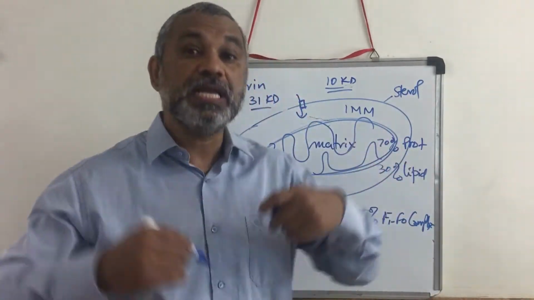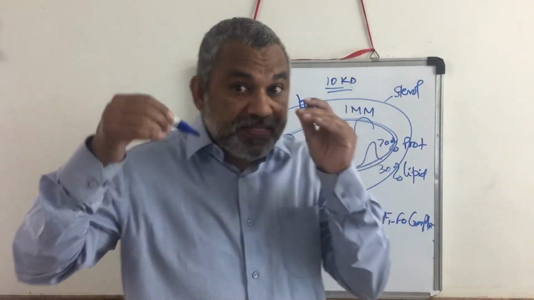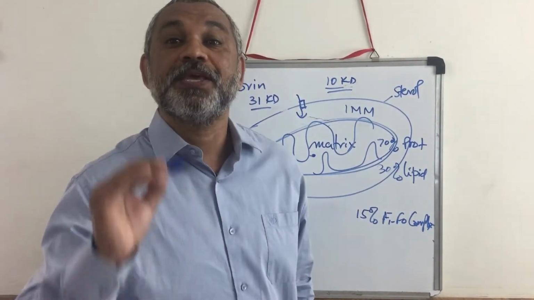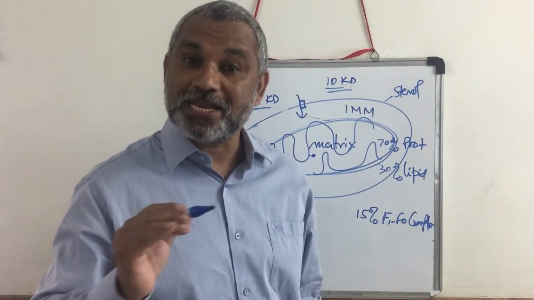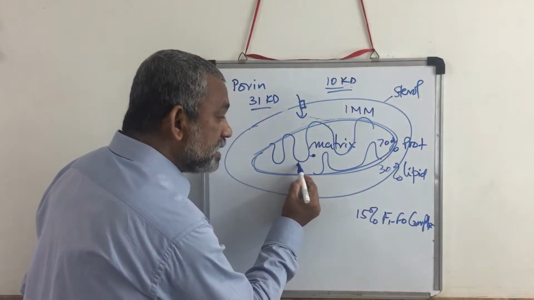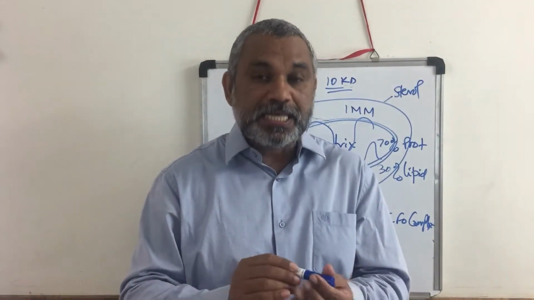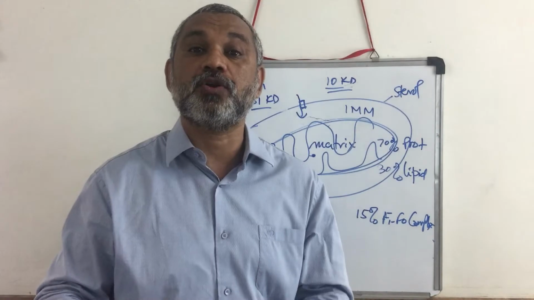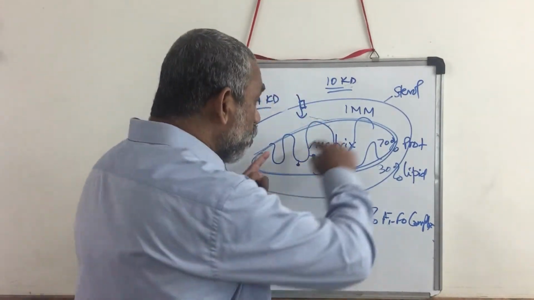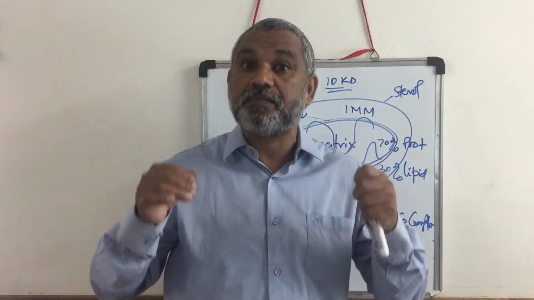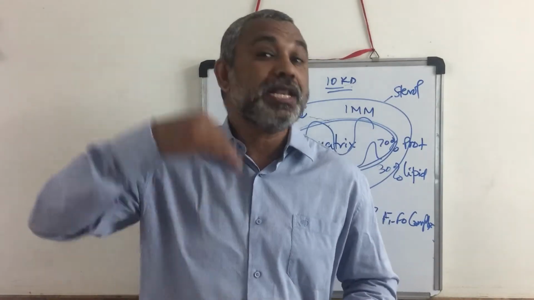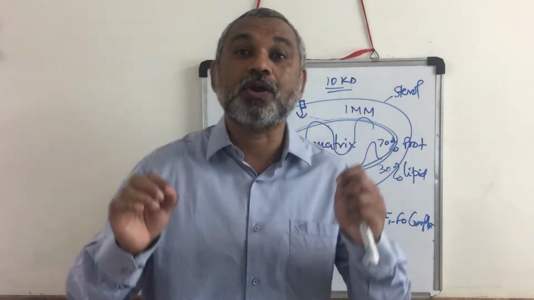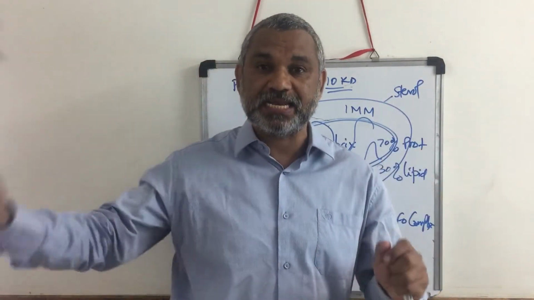Towards the inner side, you will find the F0, F1 ATPase molecules. This stick and ball kind of structure comprises about 15% of the total protein present in the inner mitochondrial membrane. So you can imagine how well designed this organelle is for its function.